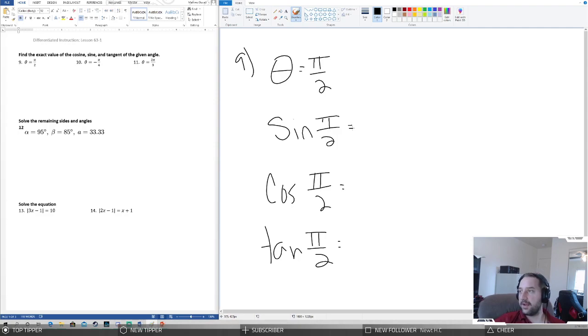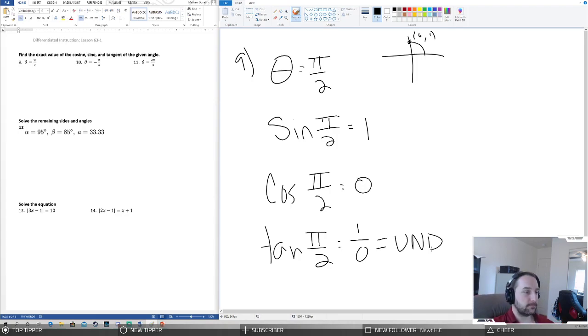The sine of pi halves on our unit circle is up here. That point right there is (0, 1). So my sine of pi halves is going to be 1. The cosine of pi halves is going to be 0. And then the tangent is going to be 1 over 0, which is undefined. Questions on that one?